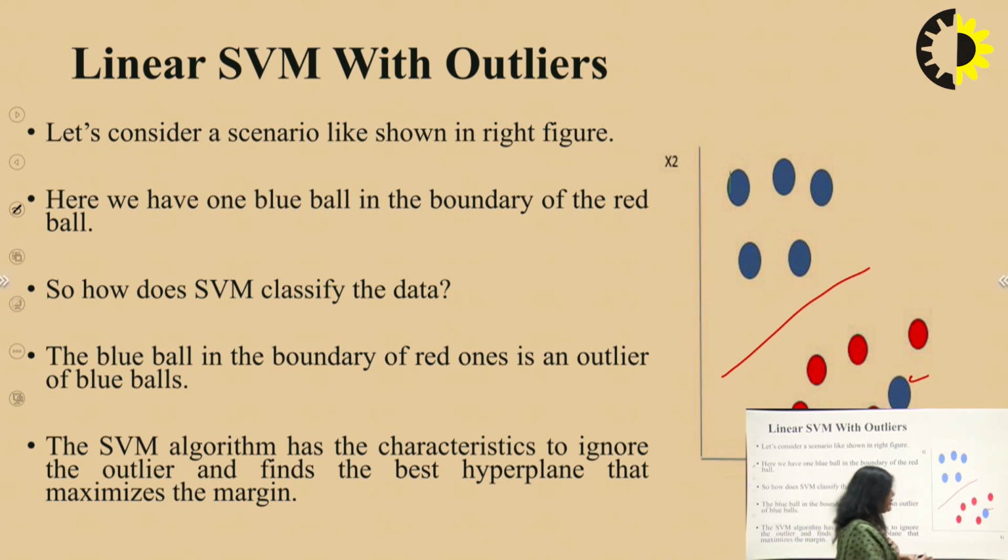Because as we can see, the distance between the other blue points and this blue point is very, very large, right? So this is an outlier point, and even though we can separate out most of the points by just creating a one-dimensional hyperplane here, we cannot separate all the points, right?